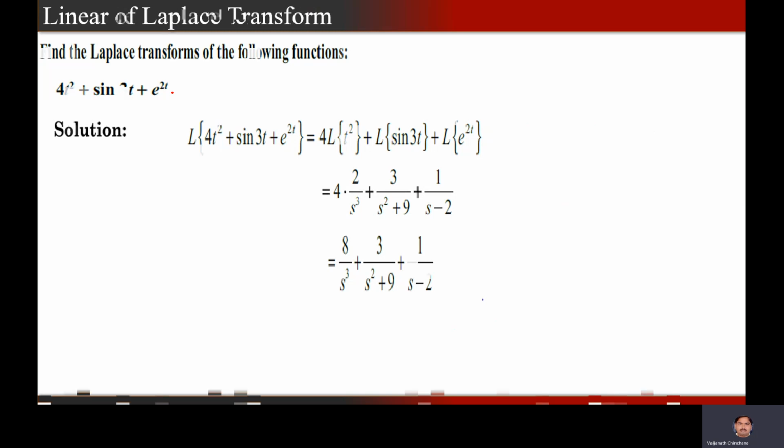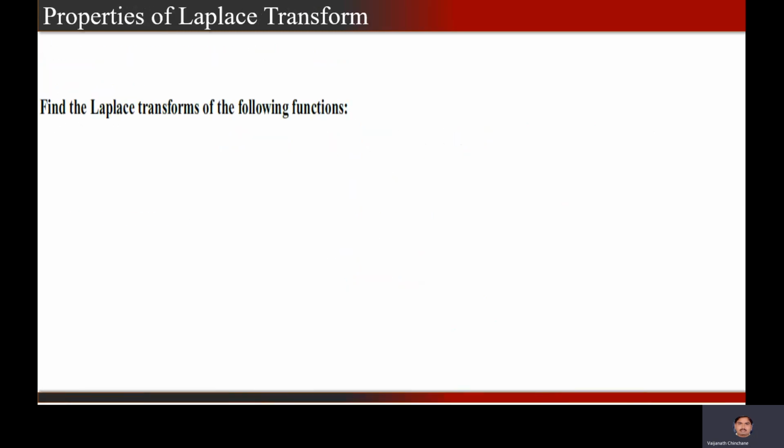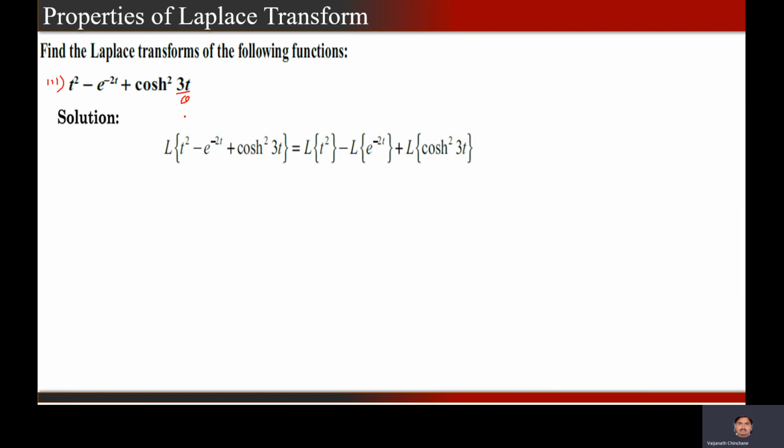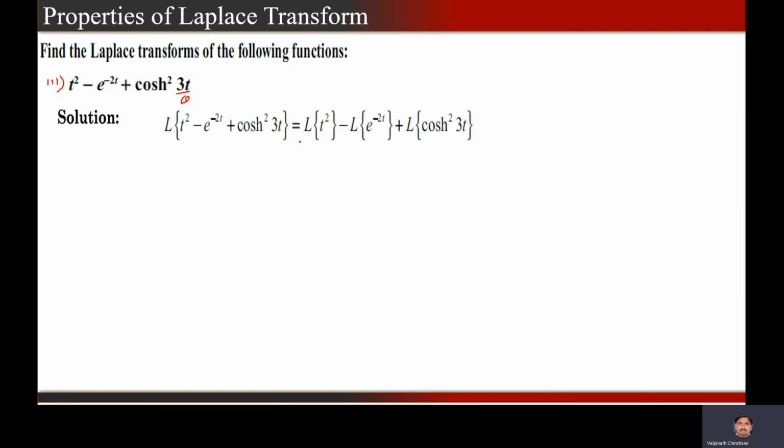Okay students, now we see another example, that is find Laplace transform of t square e raised to minus 2t plus cos hyperbolic square 3t. So here we have cos hyperbolic square theta. First of all, write down the solution, Laplace of this whole term. Before solving this, firstly we write cos hyperbolic square x equals 1 by 2 into cos hyperbolic 2x plus 1.